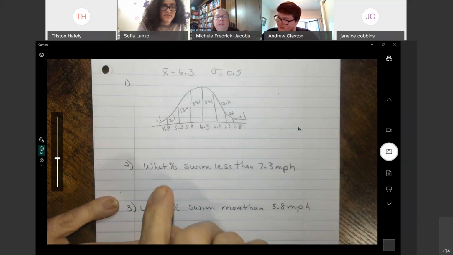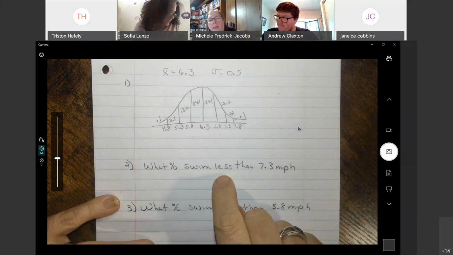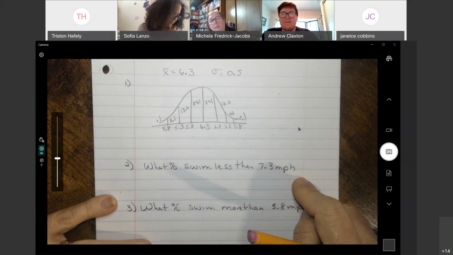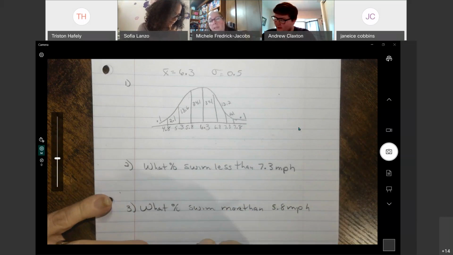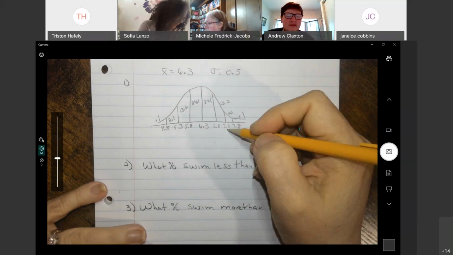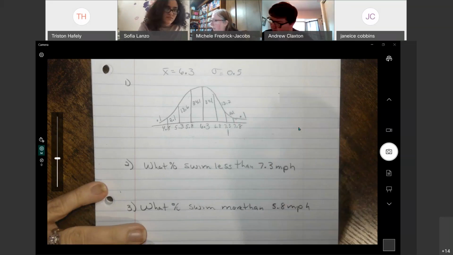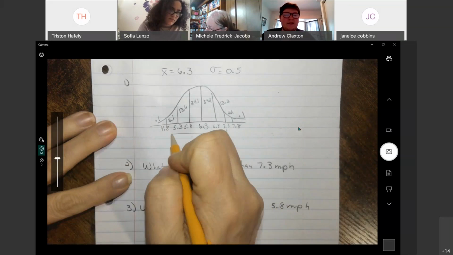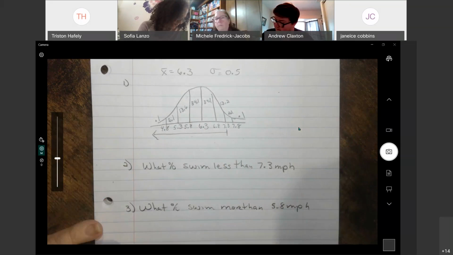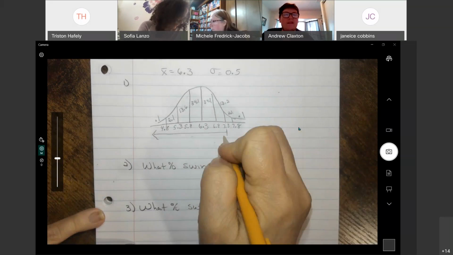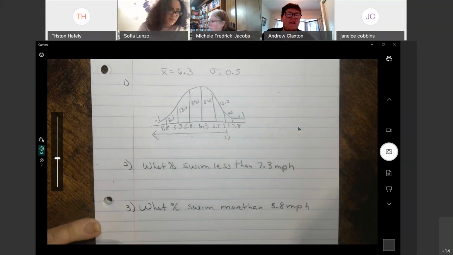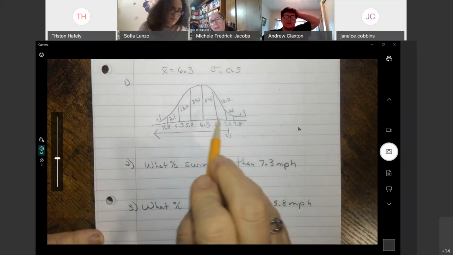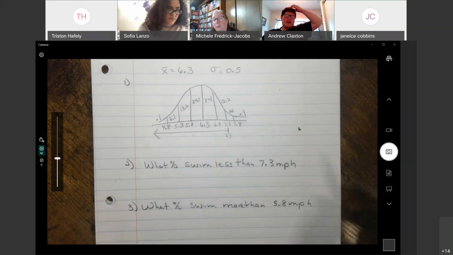In this one it says, what percent swim less than 7.3 miles per hour? So we'd want to find the 7.3, which is here, and we want everything less than it. When you're given these questions, if these values are not here, then you probably did something wrong.